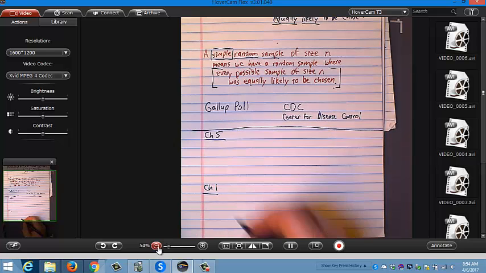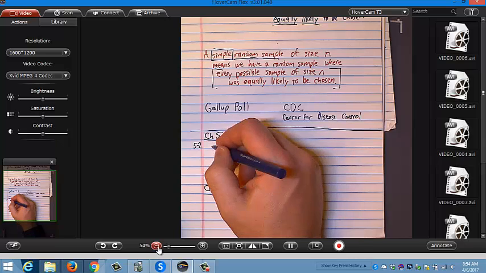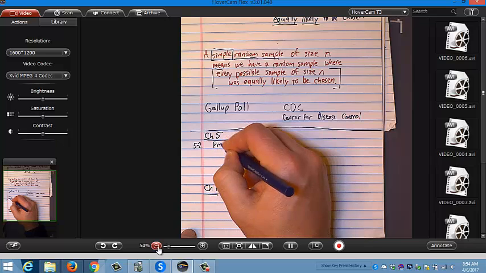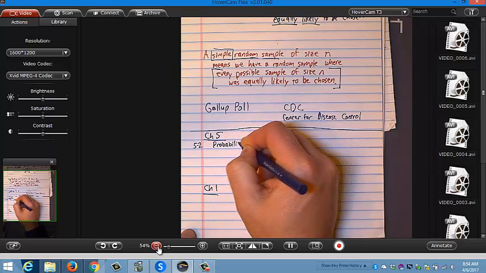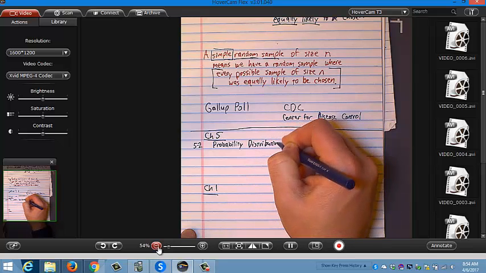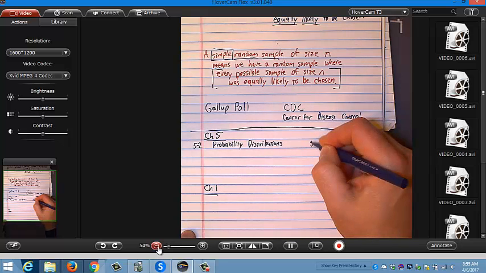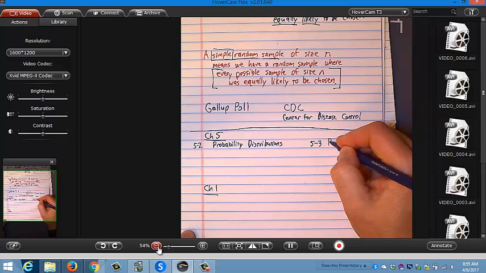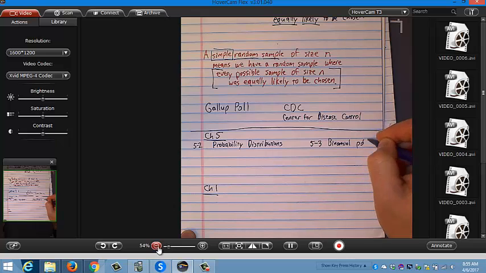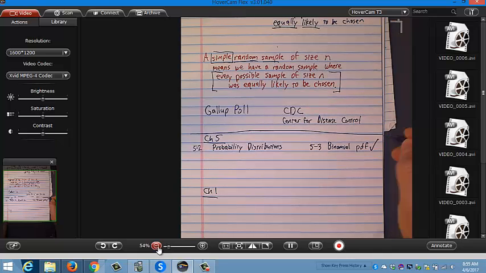Chapter 5 breaks into the following topics. 5.2 talks about probability distributions, whereas 5.3 talks about the binomial PDF, probability distribution function, right? So I claim we covered that today.